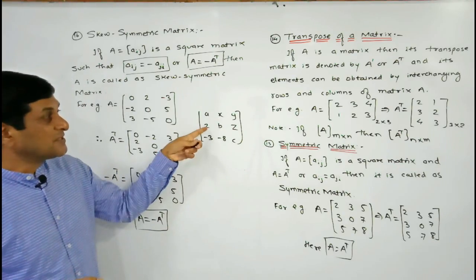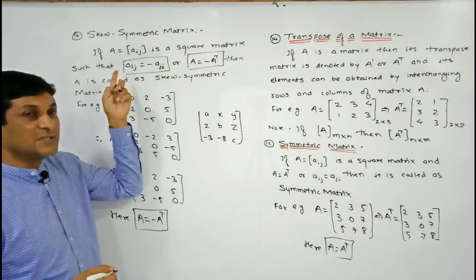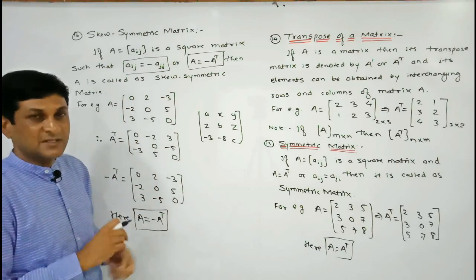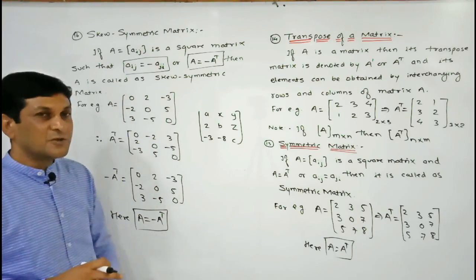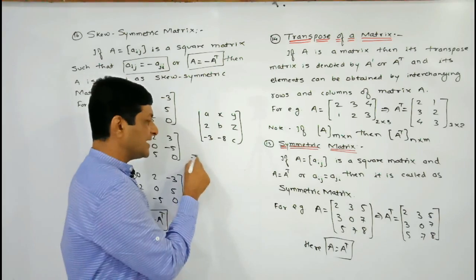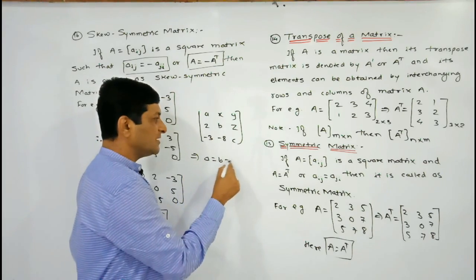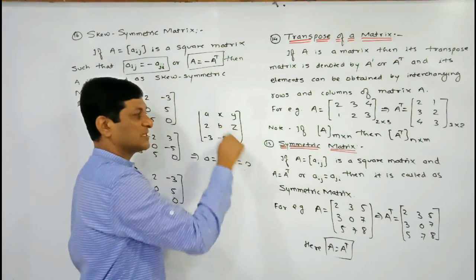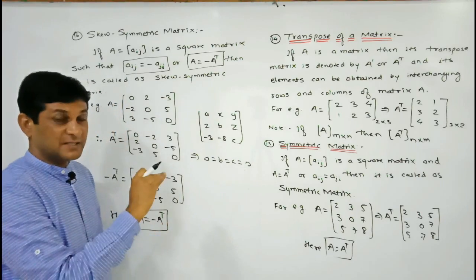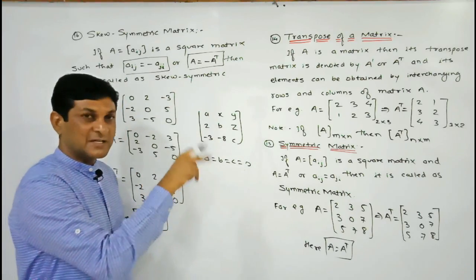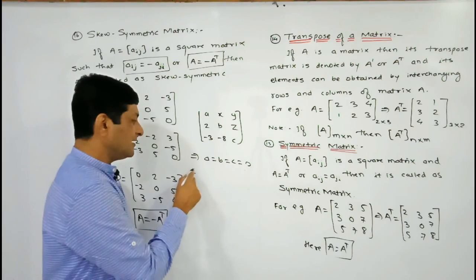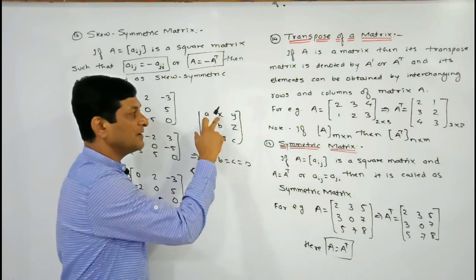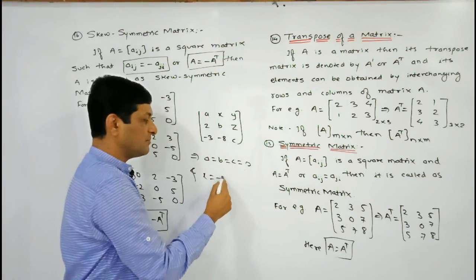So if this matrix is skew symmetric, then according to the conditions in the definition, the diagonal elements should be strictly 0. So it implies that A is equal to B is equal to C is equal to 0. Which means the diagonal elements should be 0 if it is given to us that the matrix is skew symmetric. And X is equal to, अगर यहाँ पे 2 है तो यहाँ पे क्या होना चाहिए? माइनस 2.